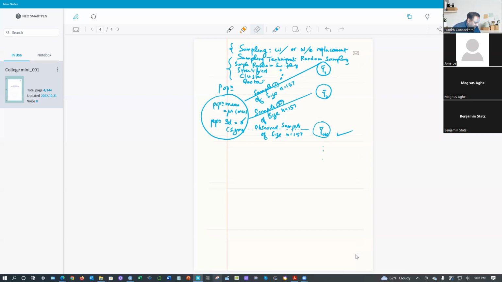We keep going. The 999th sample of size n equals 157, then I calculate y bar 999.